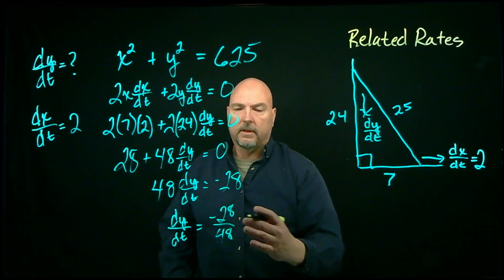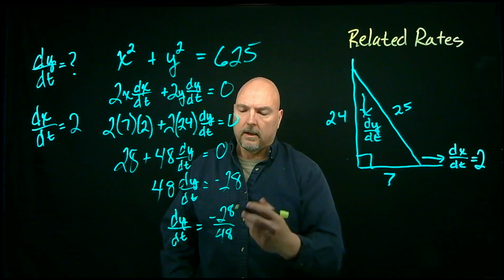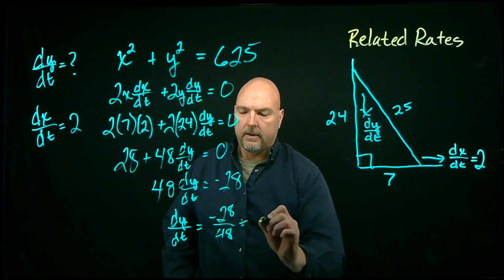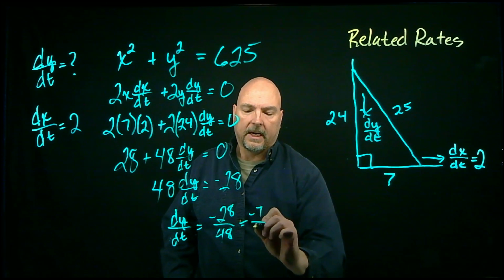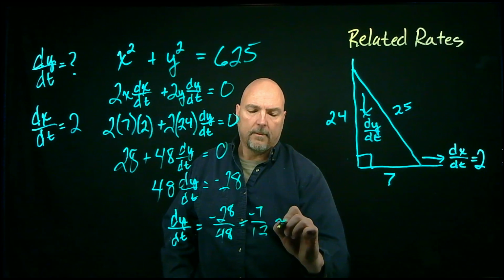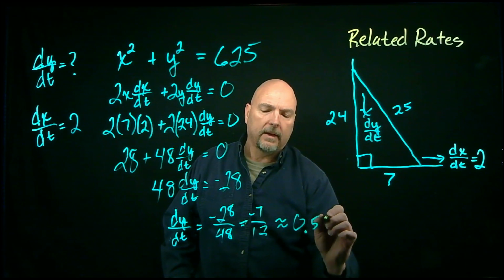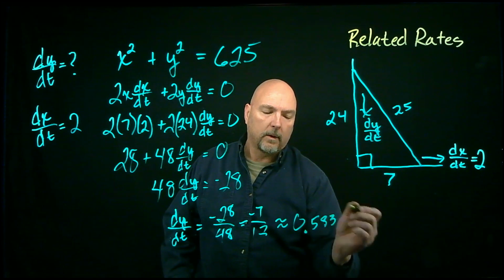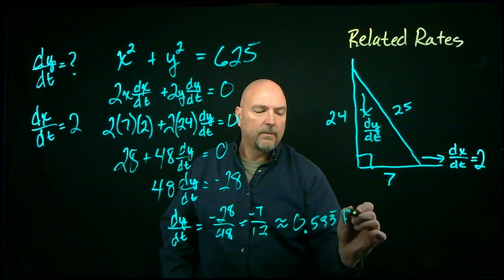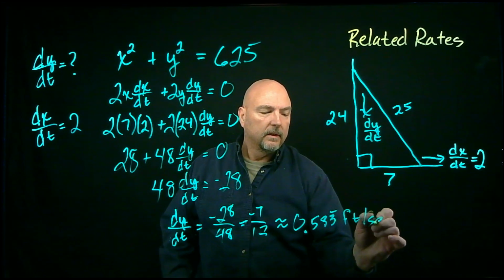And you can reduce that if you want to, or you can just type it into a calculator. Let's see, that reduces to negative 7/12, which would be about negative 0.583 repeating, right? And that's in feet per second, right?